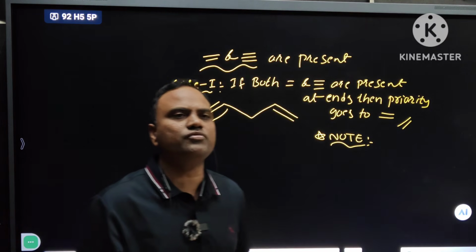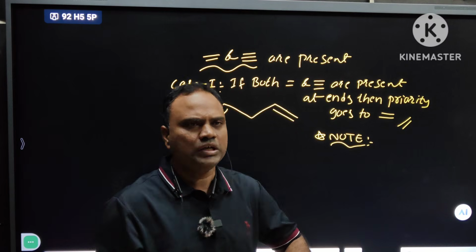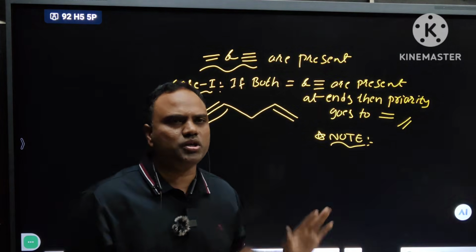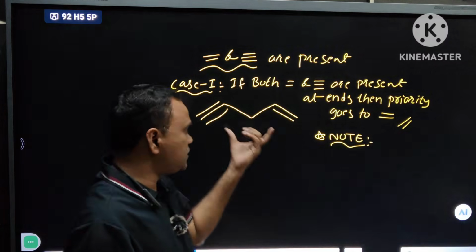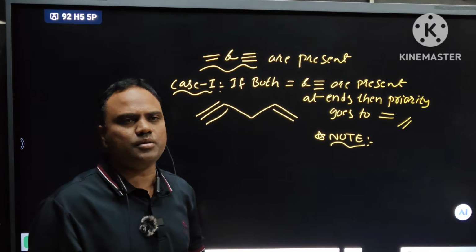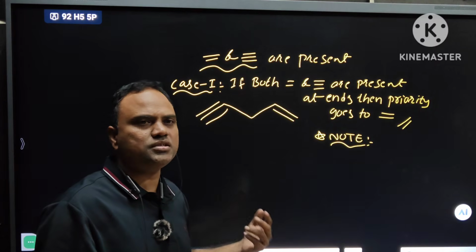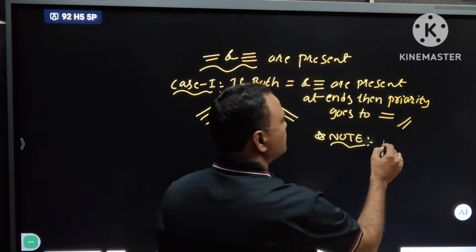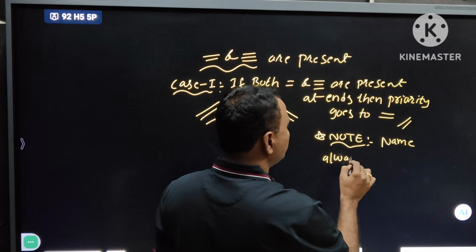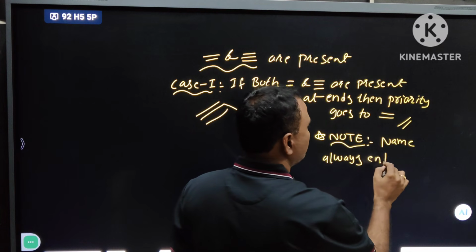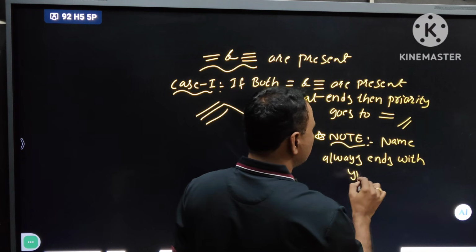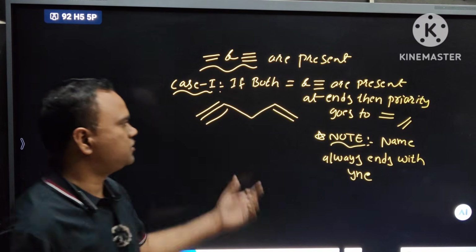Remember, irrespective of the position of the double bond and triple bond, this is a generalization. Whatever the positions, for a compound in which double bond and triple bonds are present, its name always ends with ine. So this is the example.